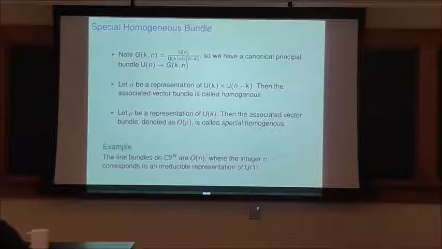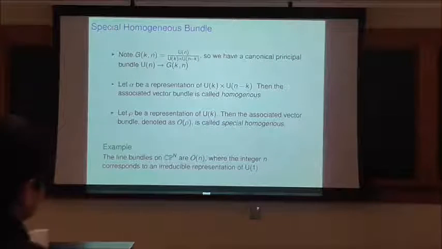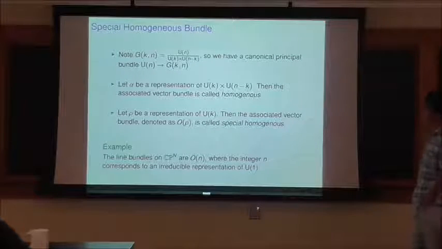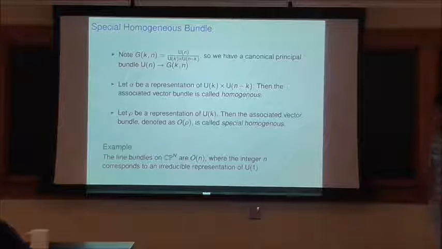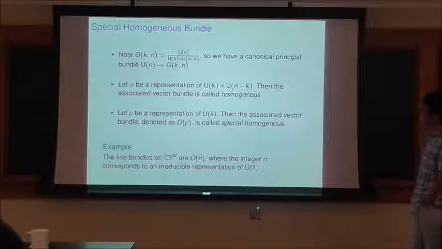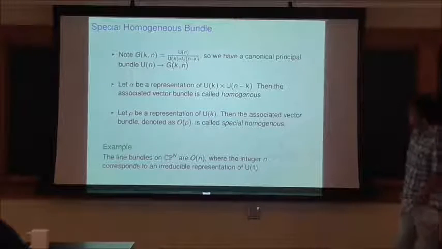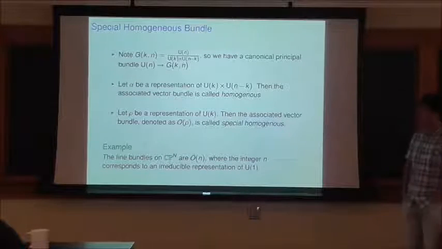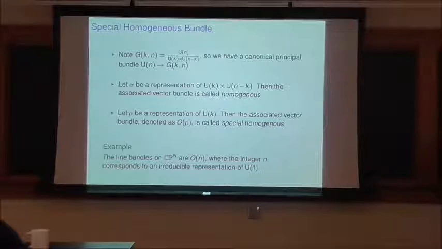As such, there's a principal bundle on Grassmannians naturally with fibers being U(k) times U(N-k). So the usual story of associated vector bundles goes like, if you choose a representation of the gauge group, then you can define a vector bundle on your base space. And here if you choose the representation alpha to be a representation of U(k) times U(N-k), then the associated vector bundle is going to be called a homogeneous bundle.